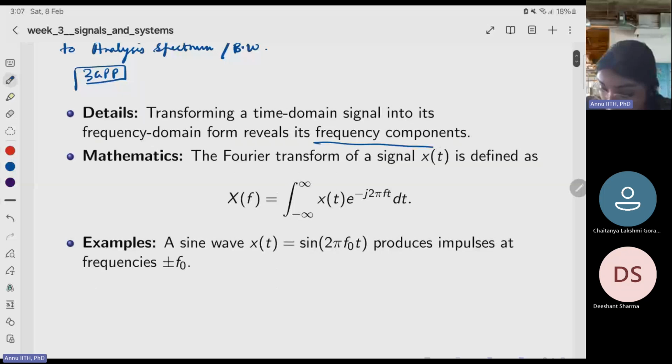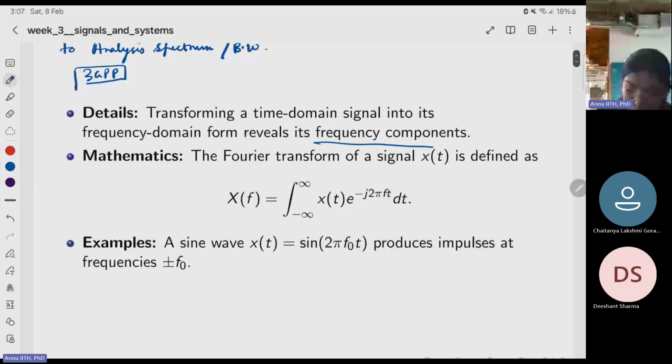For example, a sine wave that we often model, if you want to convert it to see what frequencies it consists of, it has impulses at plus f naught and minus f naught. So this gives this idea.